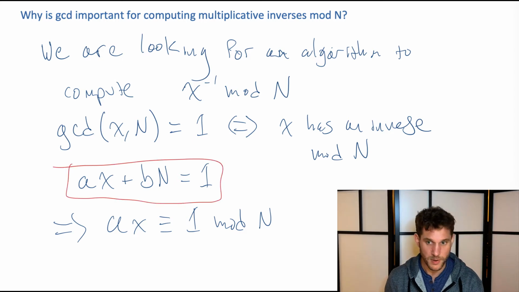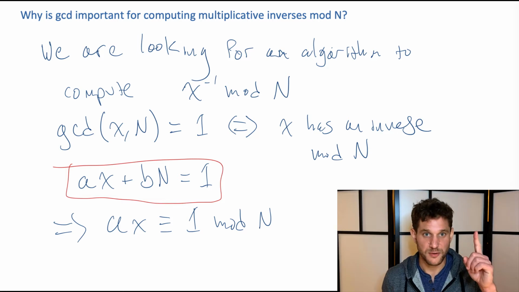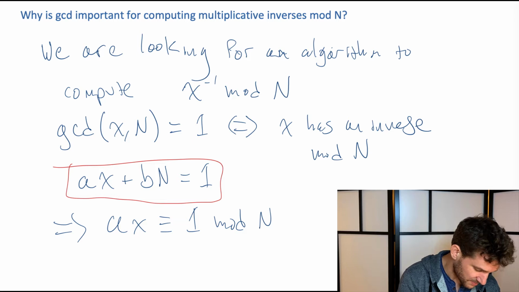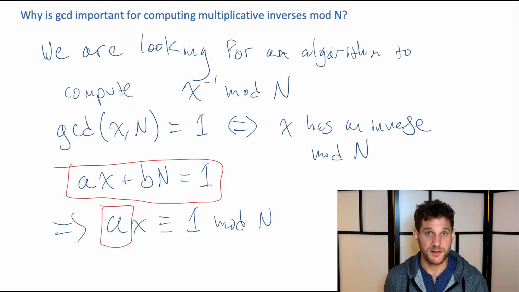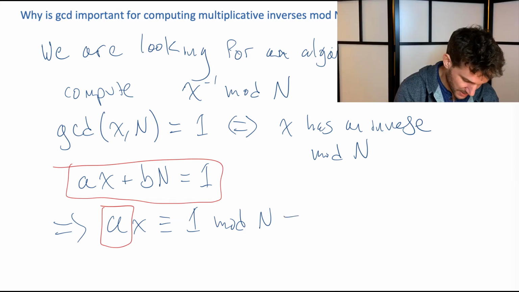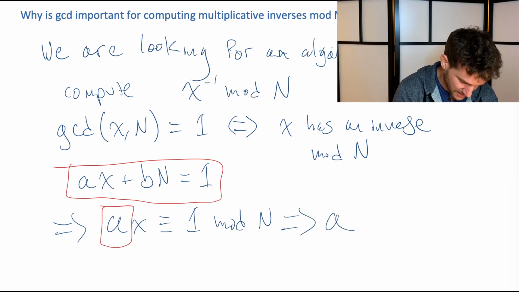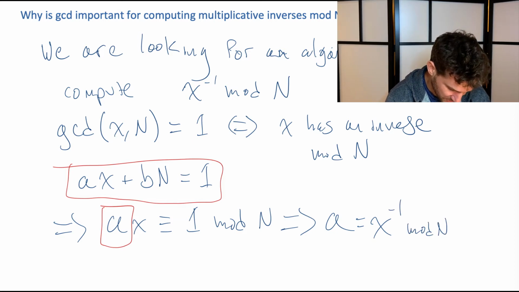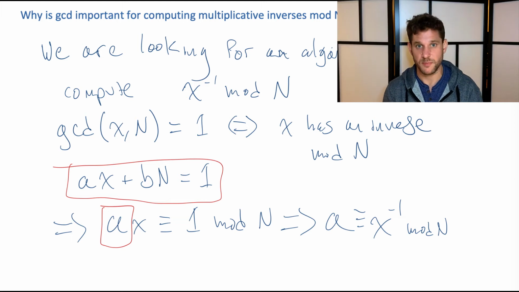But if AX is congruent to 1 mod n, I just found my multiplicative inverse mod n. What is it? It's A. A is my multiplicative inverse mod n of x. So this implies that A equals x inverse mod n, or at least I should say A is congruent to x inverse mod n.